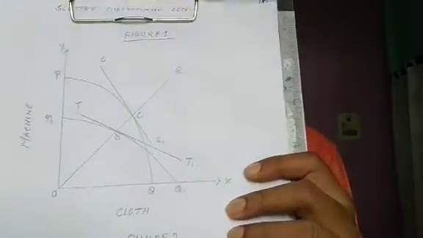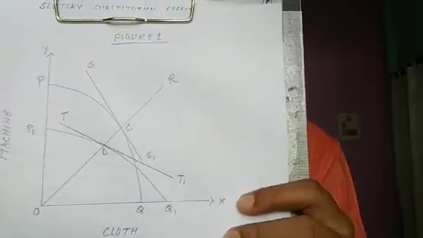Now, this analysis of physical criterion to measure the abundance of the factors of production in terms of physical quantity can also be explained with the help of a simple diagram. Students, this is the diagram, that is figure 1.